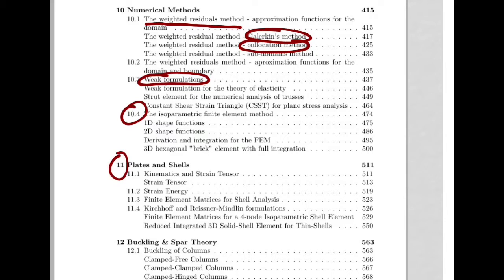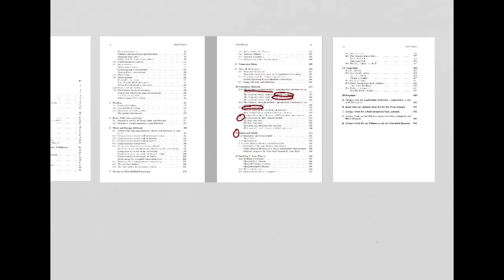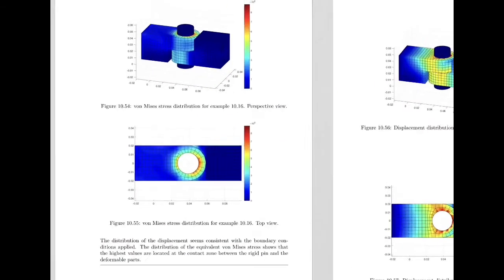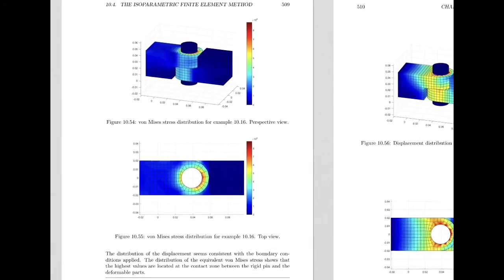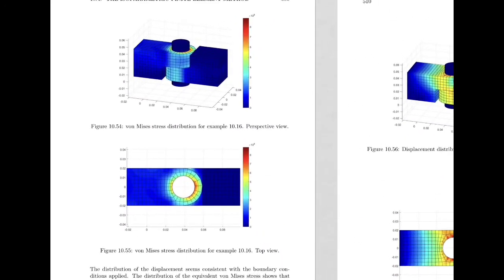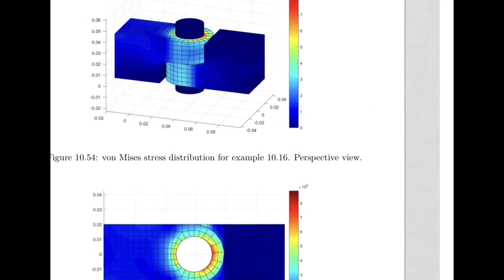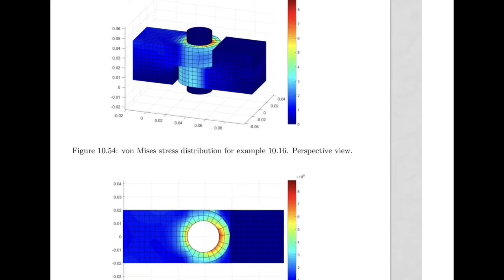In this short course, these are some figures I took from my book. So you will be able to model this kind of structural components, for example, a hinge. You have MATLAB scripts to get the finite element matrices for the 3D elements, brick elements.